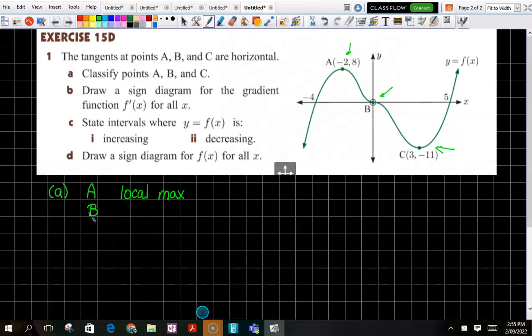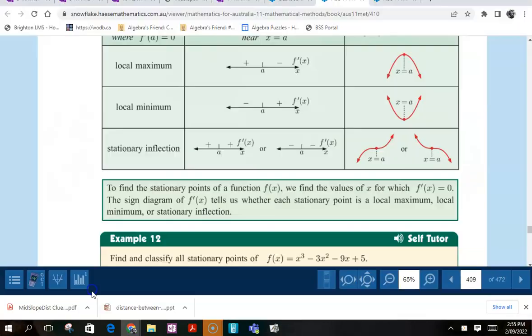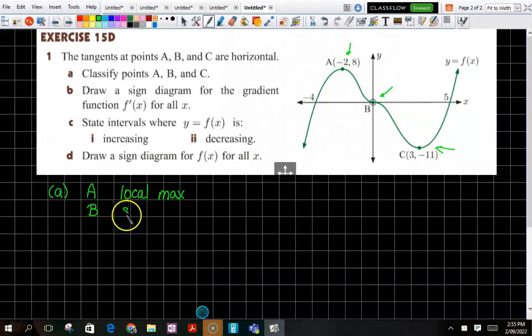Right, what's B? So go back to our beautiful diagram. It's a stationary inflection. So yeah, it has to be a stationary.